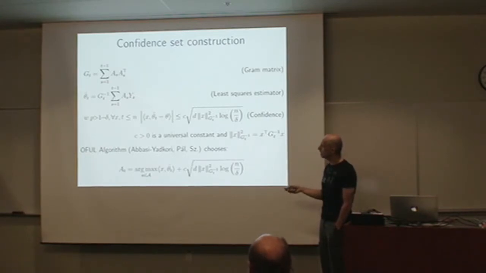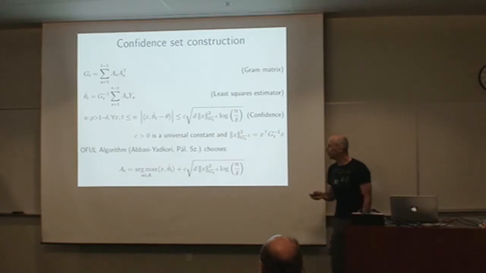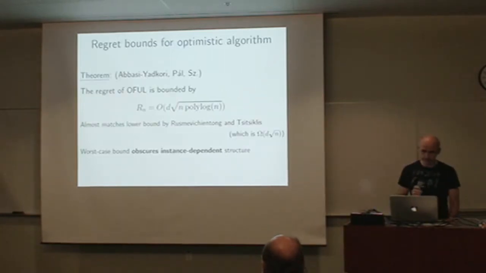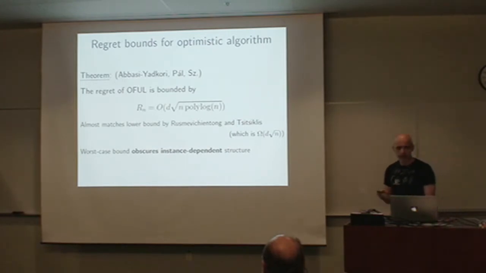If you make this choice, which underlies an ellipsoidal confidence set, it is the same as the previous algorithm. We published a paper about this, showing that this works with some constant C, and the regret can be bounded by b times square root of n, polylog n. This almost matches the lower bound by some other authors, which is b times square root n.